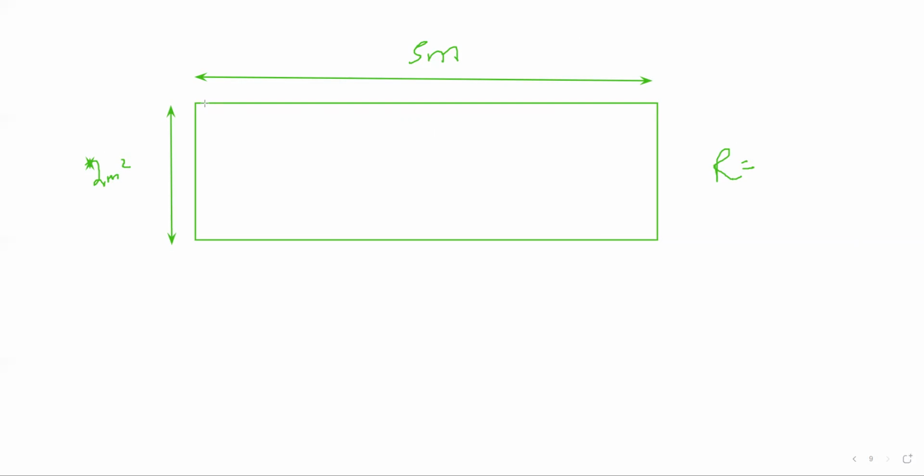It means the resistance of a part of the wire having a length of 1 meter and area 1 meter square, a part out of the 5 meter. The resistance of this part is what we call resistivity. But for the total, we call it resistance.